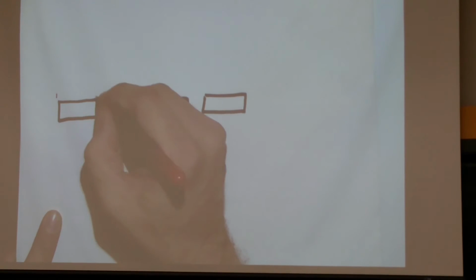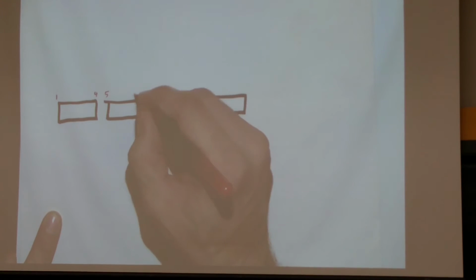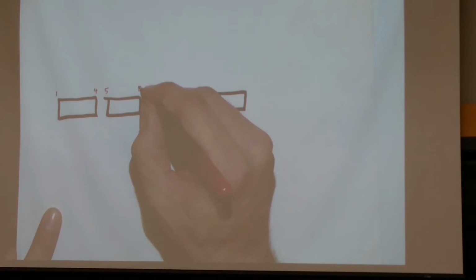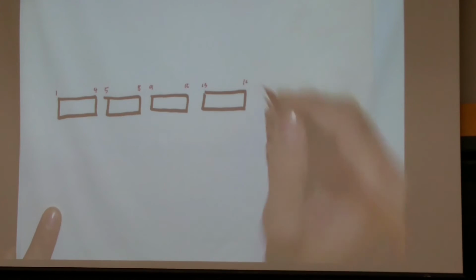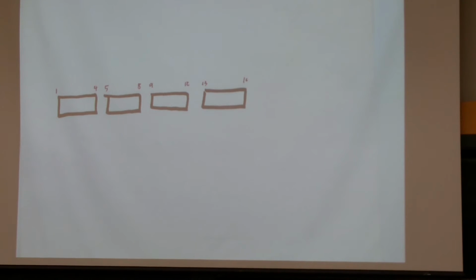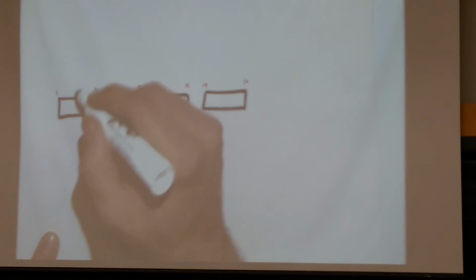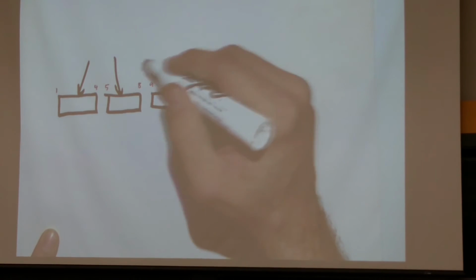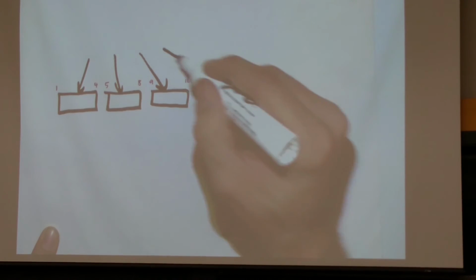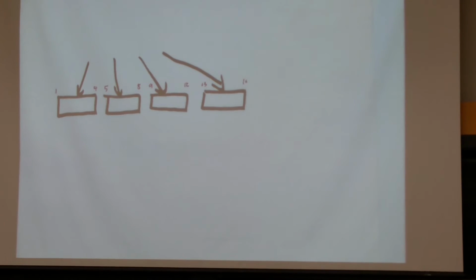Let's say this has records with keys from 1 to 4, 5 to 8, 9 to 12, 13 to 16, and so forth. I want to keep some sort of information that helps me pick out which page I need to go to in order to look up a particular record. So I presumably want to have some sort of pointer that points to each page.